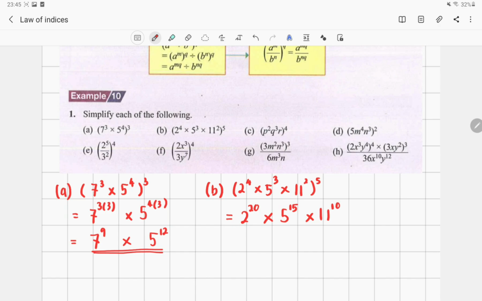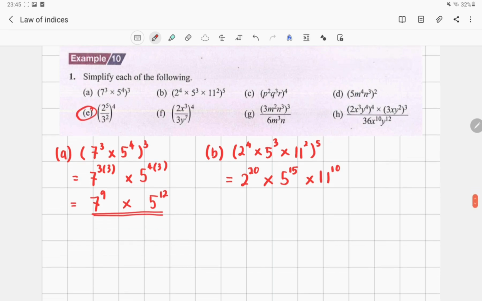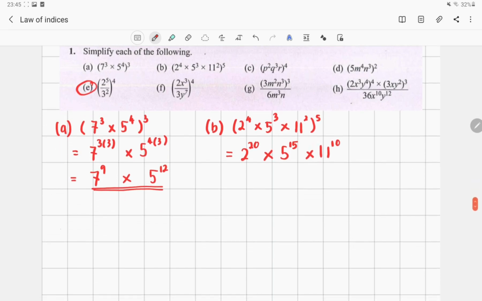Now I will show you how to simplify if it involves division. Now we move to question E. In the bracket, 2 to the power of 5 over 3 to the power of 2, close the bracket, to the power of 4.